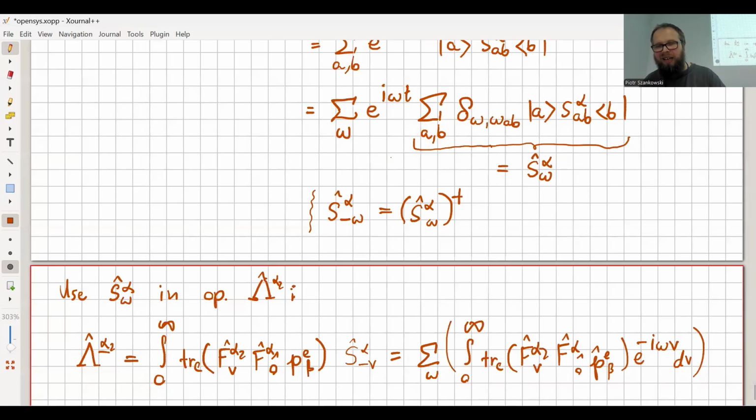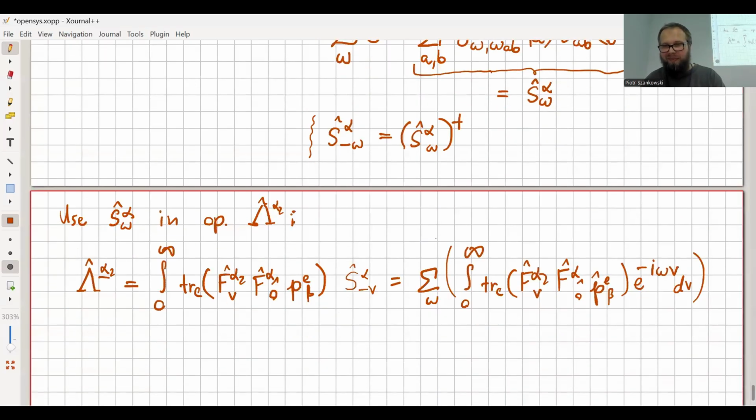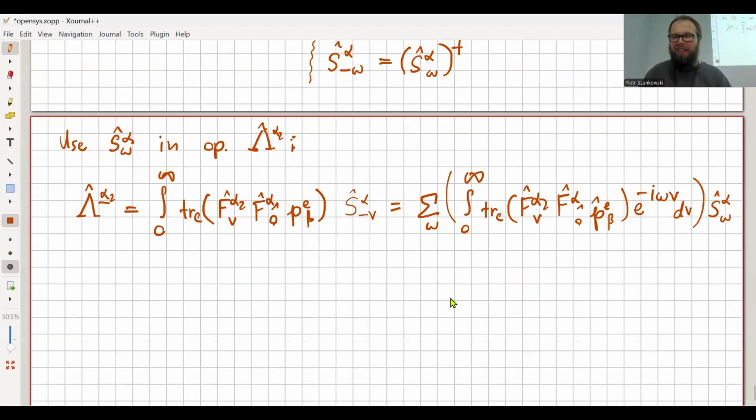So we get here a half of the Fourier transform times the frequency component of S. This is almost the Fourier transform of the correlation function, but it's only half of it. So not exactly a Fourier transform. But we will anyway give a name to this coefficient.